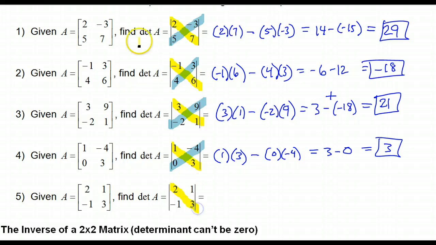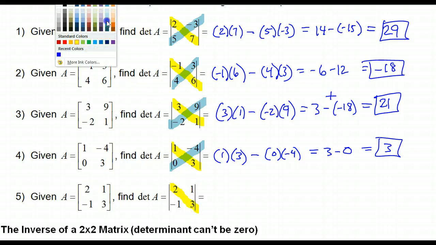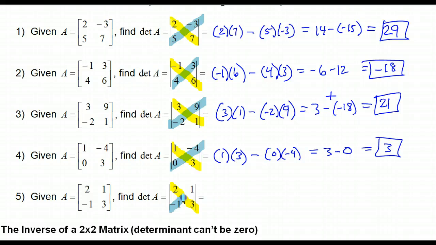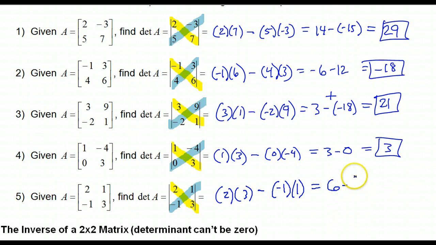Down diagonal minus up diagonal. So that's 2 times 3, down diagonal, minus up diagonal. So that's 6 minus negative 1. Of course, that is 7, because minus a negative is addition.